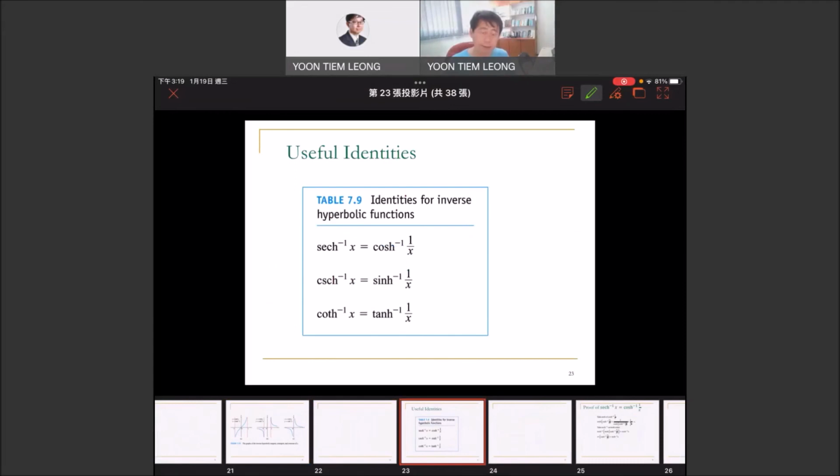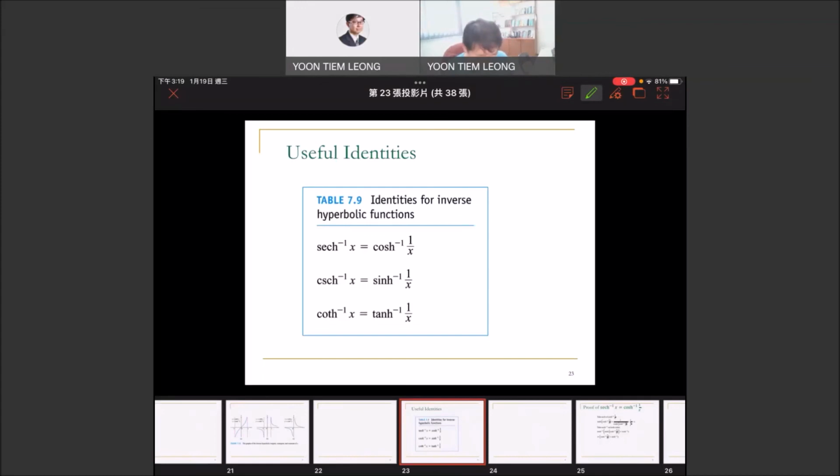Now, after we have defined the inverse of the hyperbolic function, there are identities for these hyperbolic functions. So remember that the hyperbolic functions have their own identities. The inverse of the hyperbolic functions also have a set of identities, which is kind of straightforward and simple.